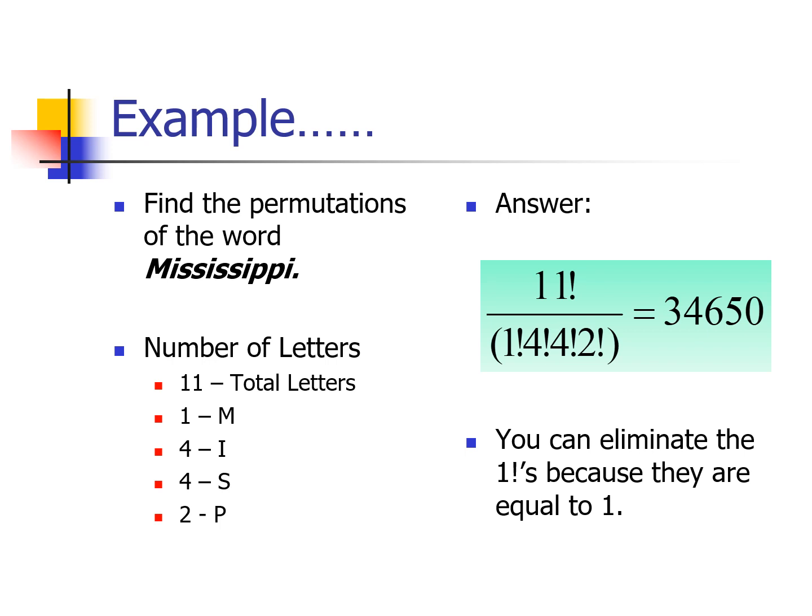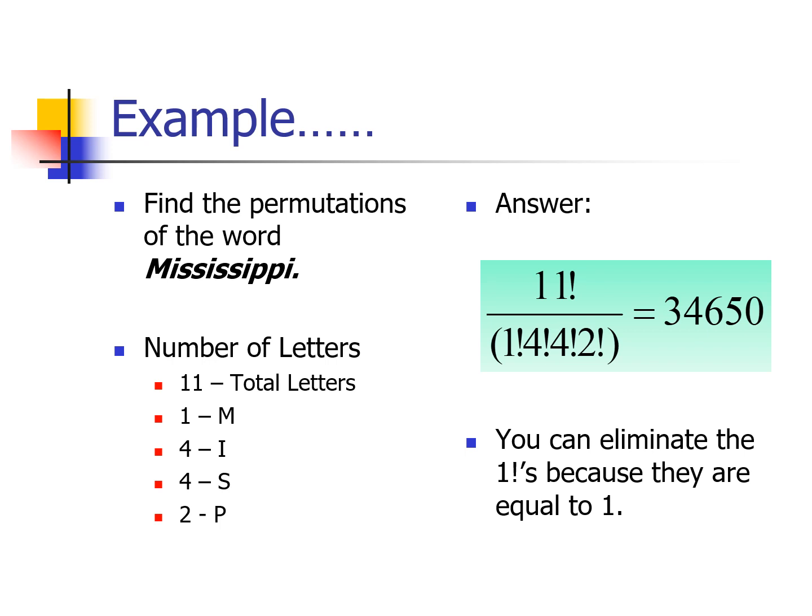First, we have M. There is only one M, so we have 1 factorial times I. How many I's do we have? We have 4, right? So multiplied by 4 factorial. S. How many S in the word Mississippi? There are 4. So we have multiply again with another 4 factorial.